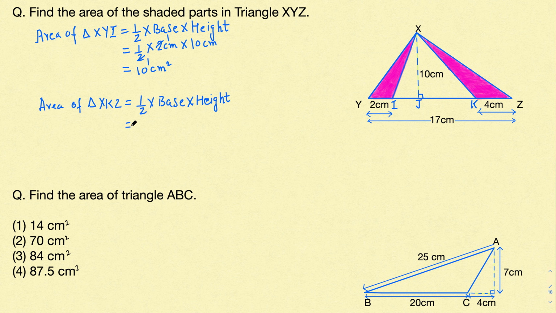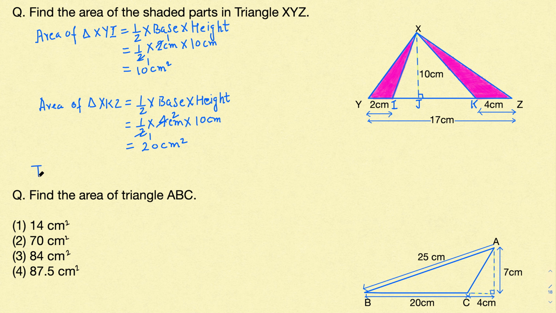So let's write the values here. So the base is 4 cm, and the height is 10 cm. Okay, so we can cancel this 2 with this one, so you'll get 20 cm square. So the area of this triangle XKZ is 20 cm square.